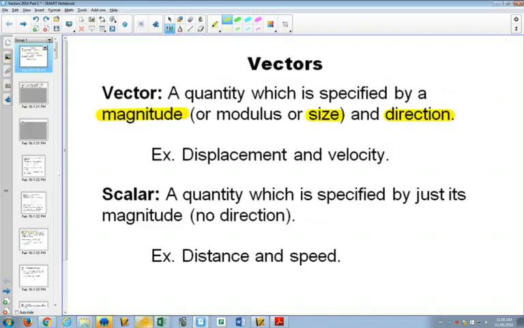So velocity says that you're going 3 kilometers per hour north. That makes it have a direction and an amount, a magnitude. A scalar, as opposed to a vector, just has a magnitude, has no direction.